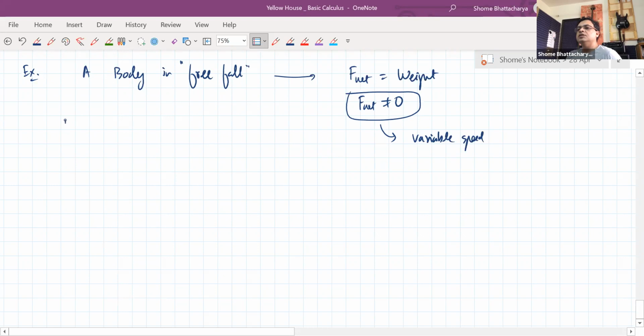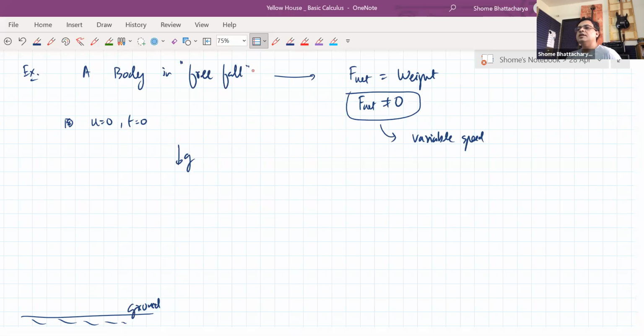Let's say the object starts from here at t equal to 0, from a certain height above the ground level, and gravity is acting like this on it. So what will happen is that after 1 second, maybe it's over here, but after 2 seconds, it will be here.